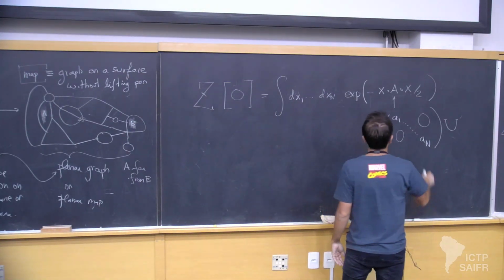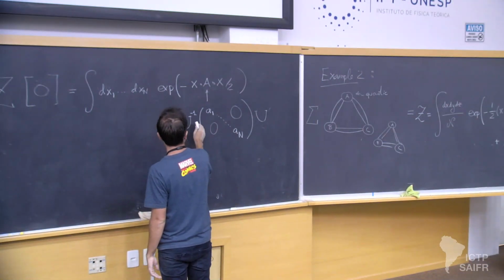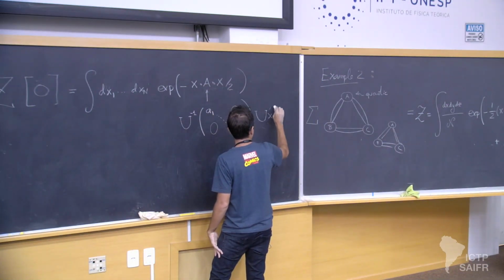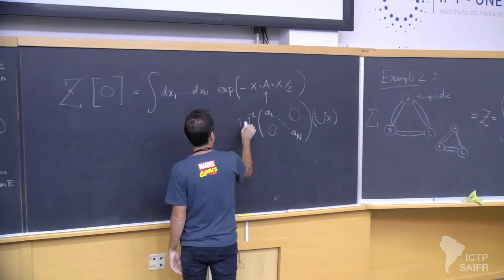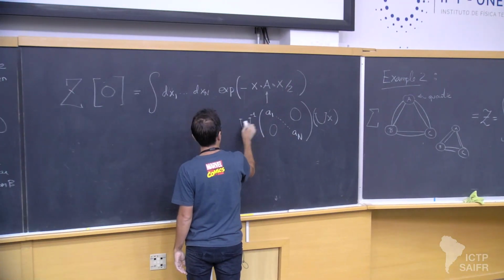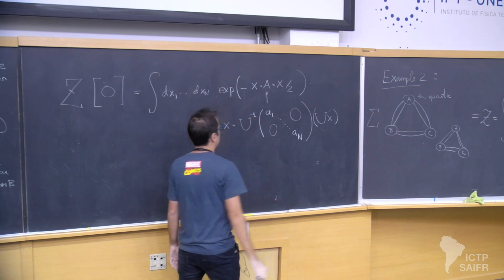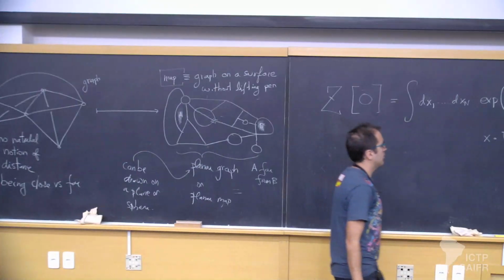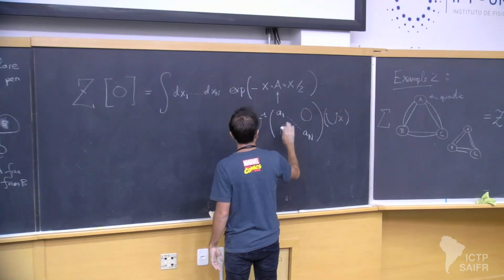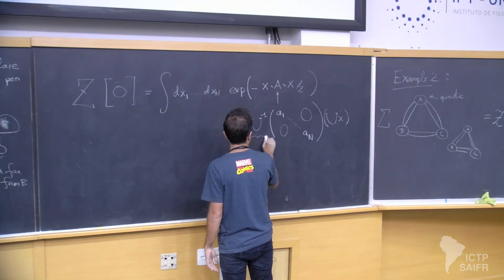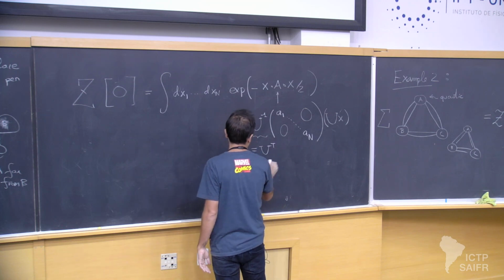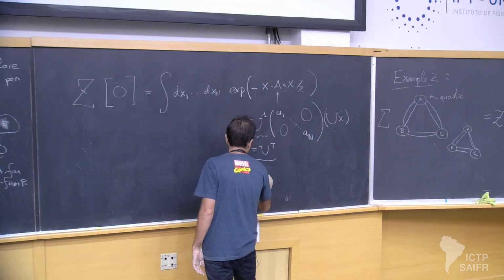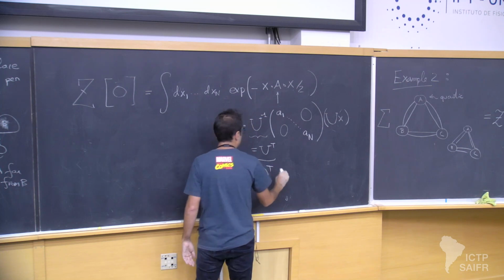And therefore, this full object becomes U times X, because it's just a rotation, this U minus 1 is equal to U transpose. And so this is just U dot X transpose.